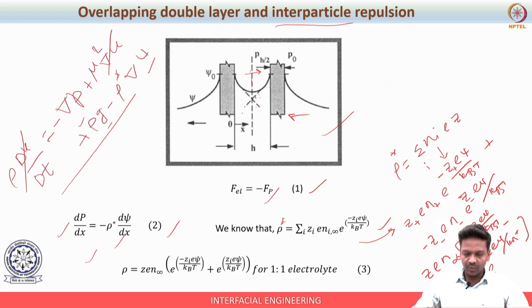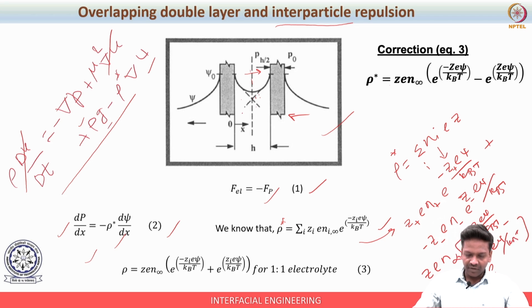This is exactly what we have written here also. So you can expand this equation for a case where we deal with a 1:1 electrolyte. If you assume that we deal with a 1:1 electrolyte, you can expand this equation from here to 3. That's how we obtain equation number 3.